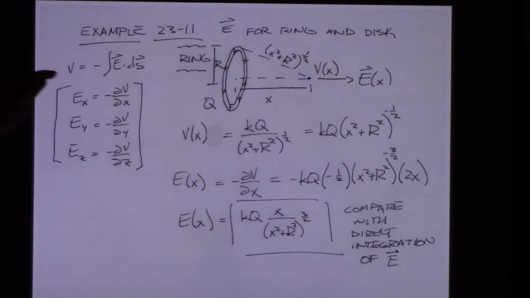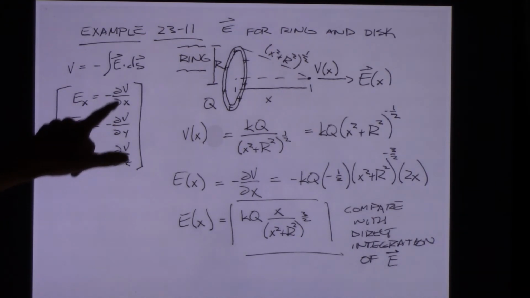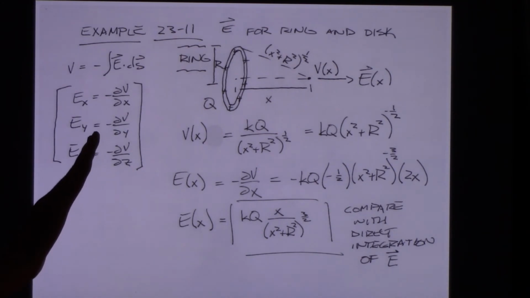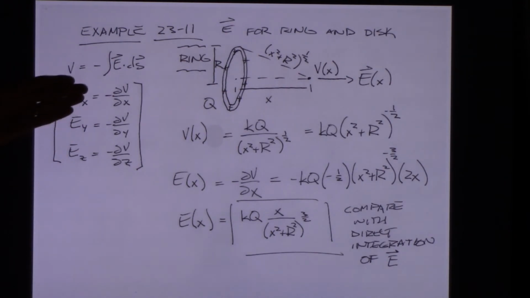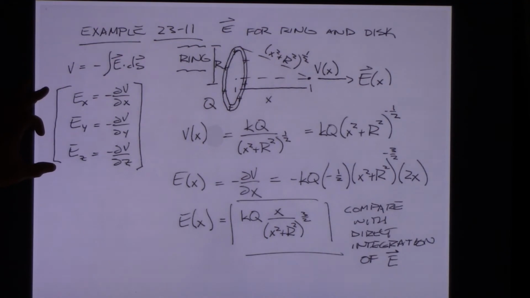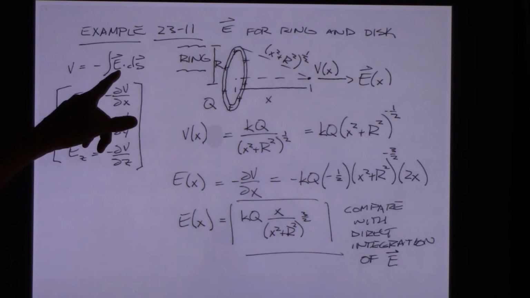The reverse of this formula is that I can take partial derivatives of the potential, in the x direction, in the y direction, in the z direction. Taking those partial derivatives will give me the components of the electric field at that location. The electric field is a vector.